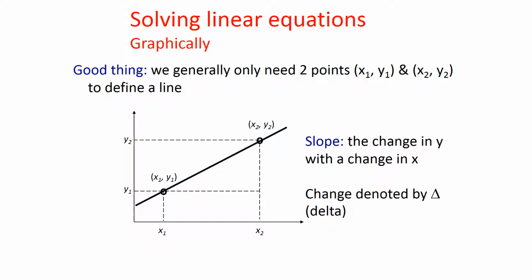This distance here is going to be 2 minus 1, the difference in x between those two values, and this is going to be the difference in y between these two values, 3 minus 1. So a is going to be the vertical divided by the horizontal, 3 minus 1 over 2 minus 1, which is equal to 2 over 1, which is 2.